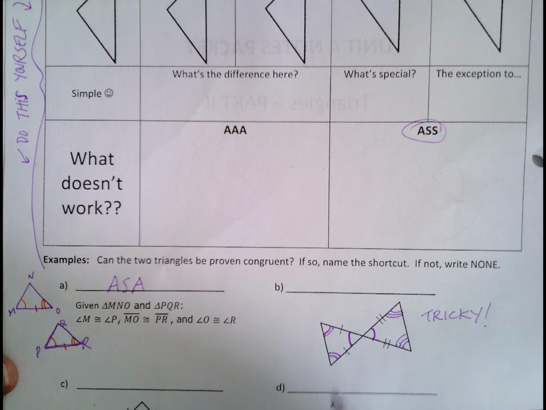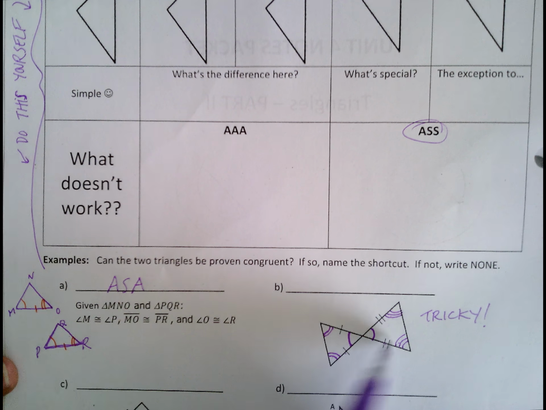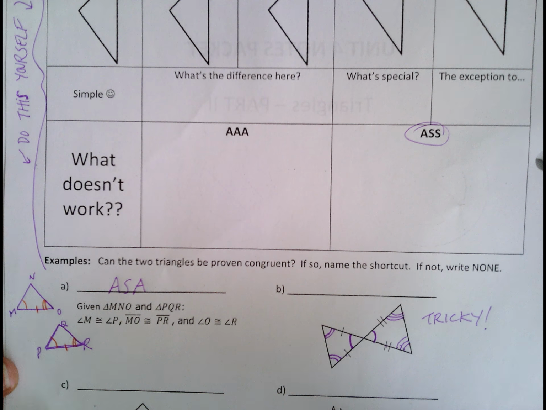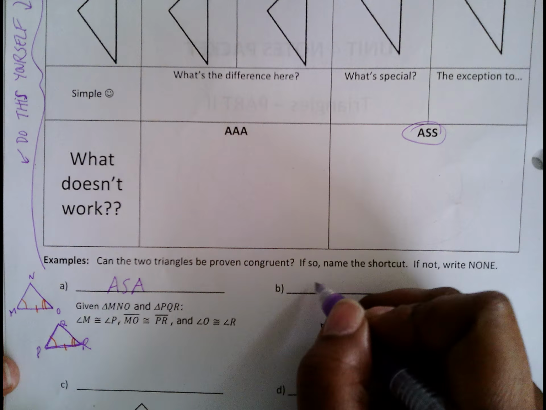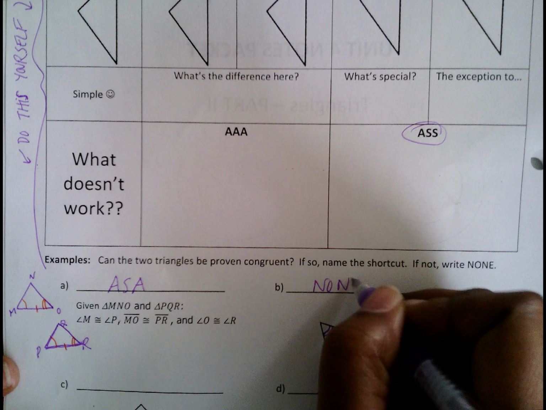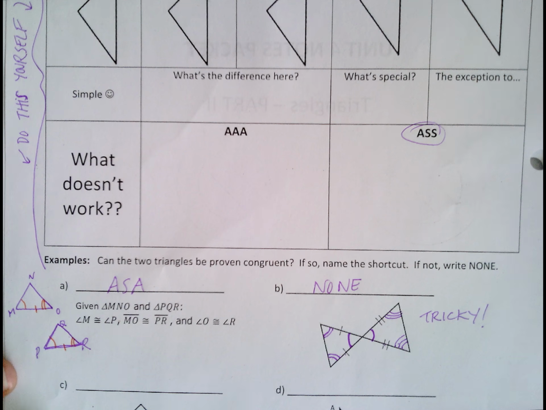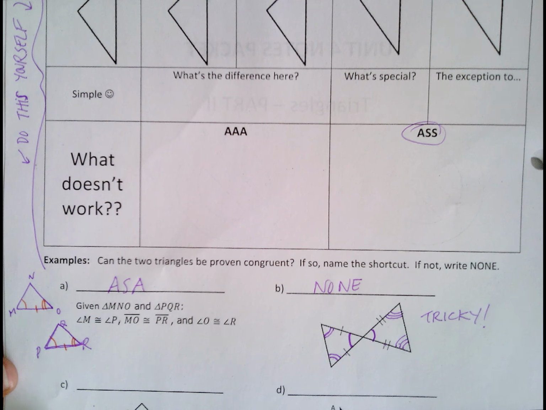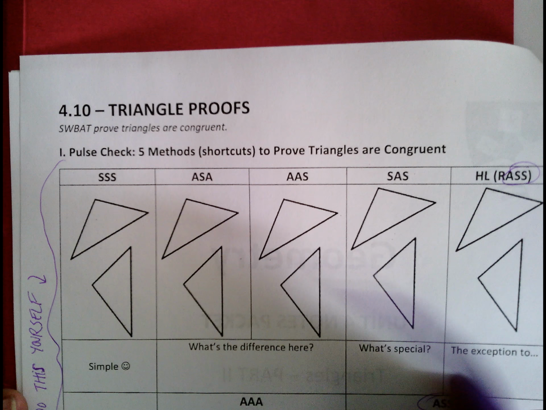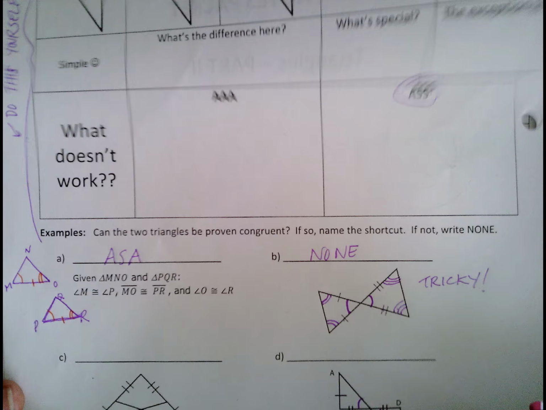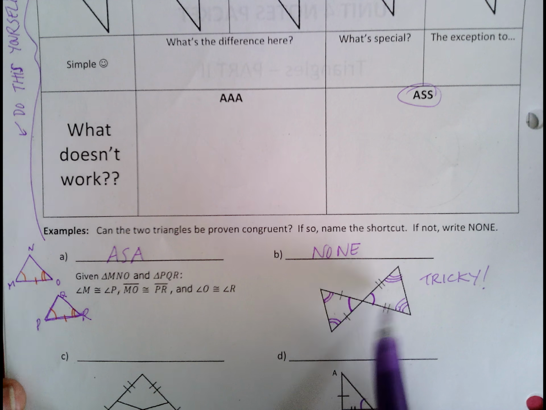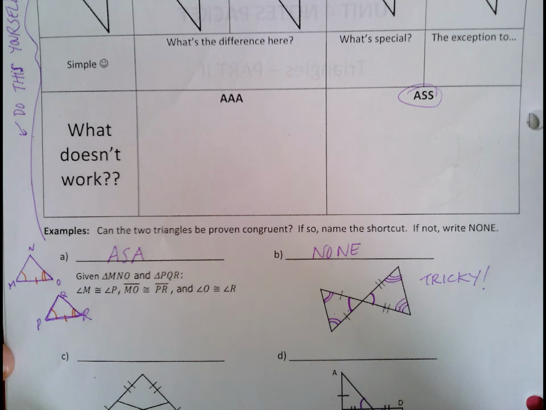So I have two isosceles triangles, but whether or not I can prove that they're congruent, I can't. So this is none, right? I can't use any of those postulates or shortcuts or criteria to prove that these two triangles are congruent, okay? So don't be tricked.